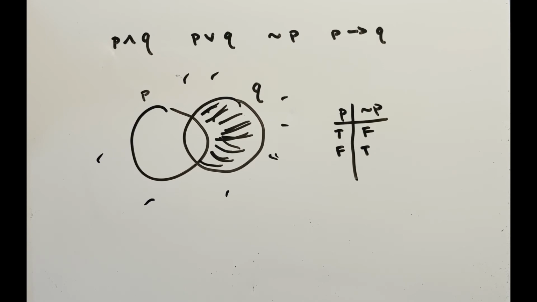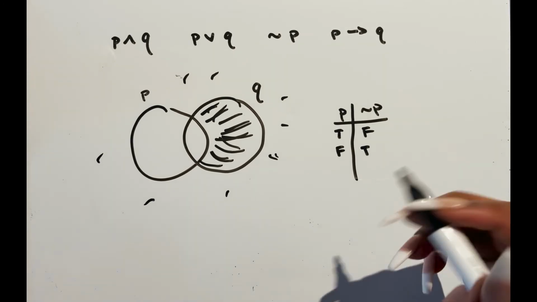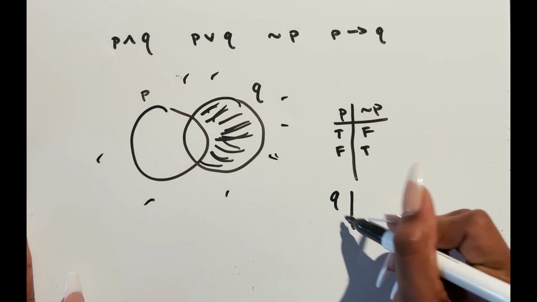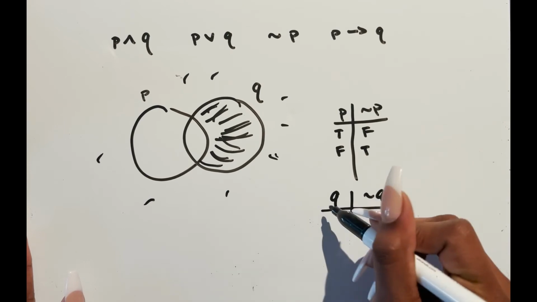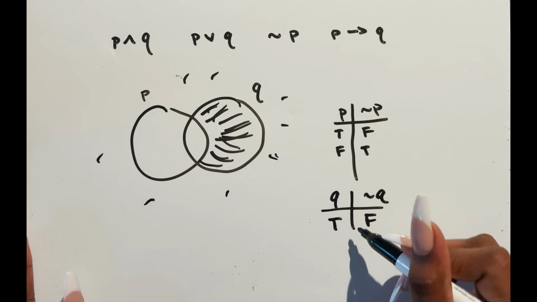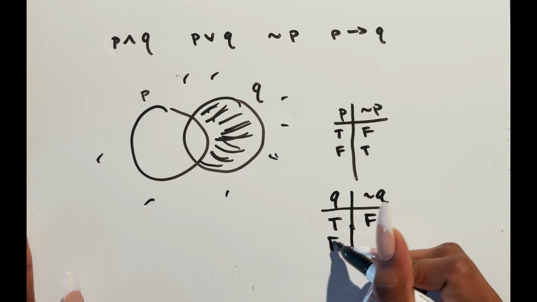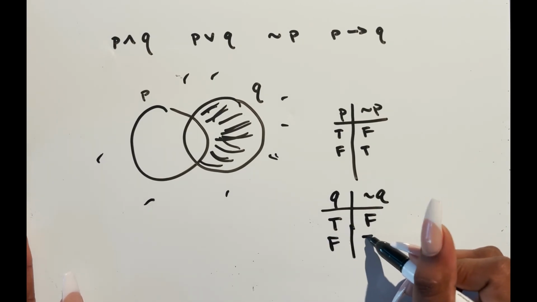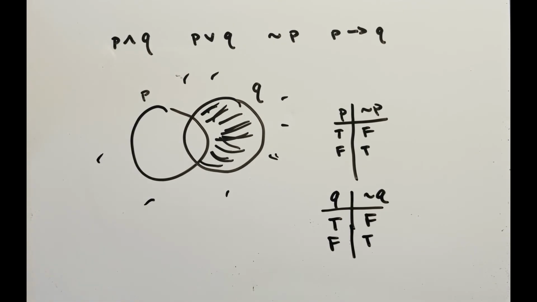And if P is false, then not P is true. This one's pretty easy. The same goes for Q. When Q is true, then not Q is false. And when Q is false, then not Q is true.